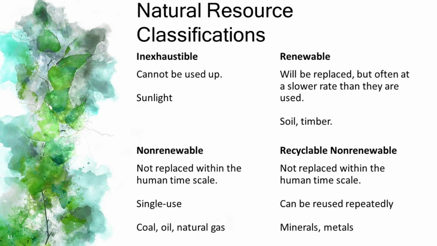These are non-renewable but recyclable, because we can use them repeatedly in different forms. Say for example, gold can be in the form of jewelry, or in the form of a coin, or it can be transformed again into a different kind of jewelry. So those are the different classifications of our natural resources.